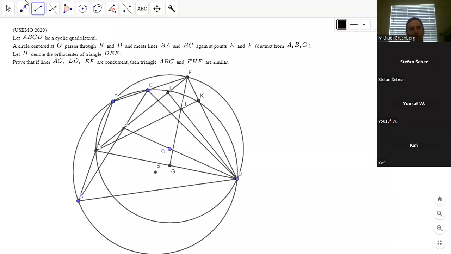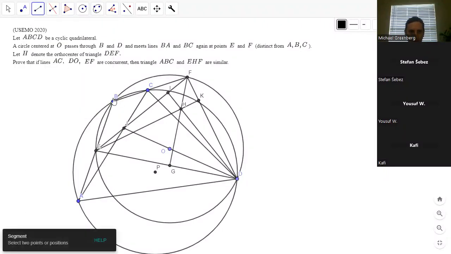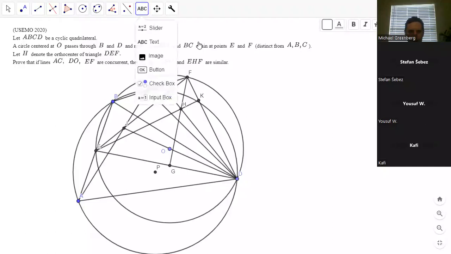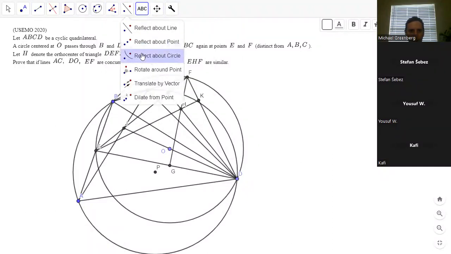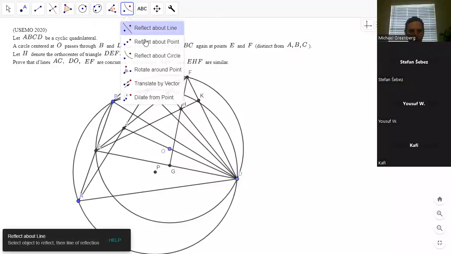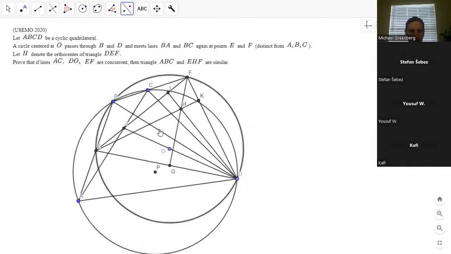So O lies on the perpendicular bisector of BD. I wonder if these circles are the same size, if these concur. Guess we could check that, although I'm not sure if that's actually true. So if I reflected this circle about BD, no, I don't think they're the same size.